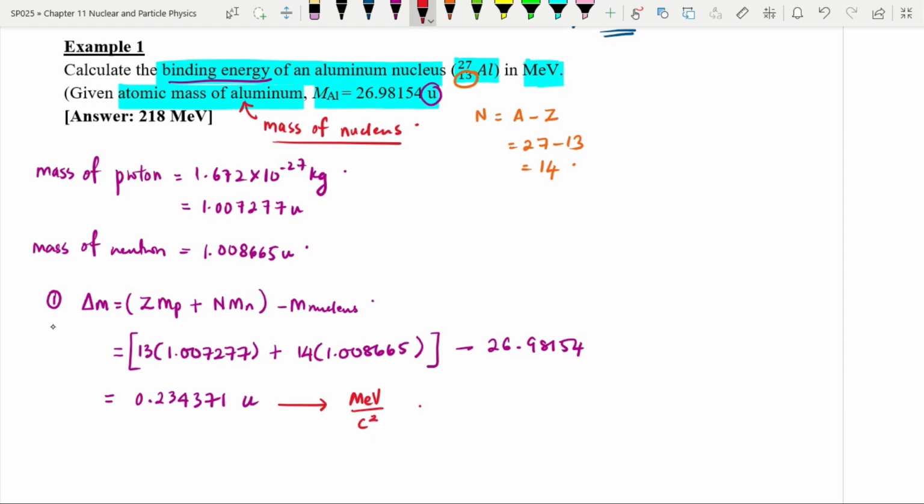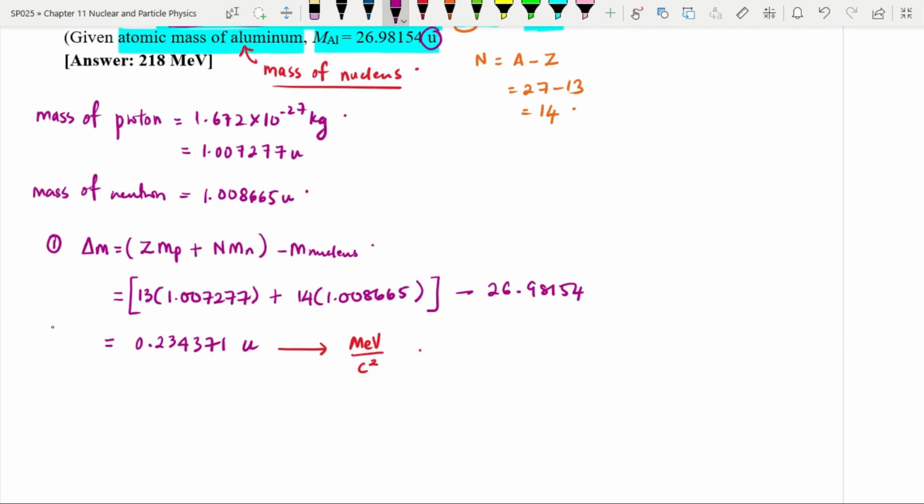So, method yang kedua. Untuk convert kita kena darab dengan apa? So, kita ada formula EB equals delta M C square. Masukkan nilai mass dalam U tadi. Kita darabkan dengan 931.5 MeV over C square, and then kita darabkan dengan C square, baru kita boleh potongkan.